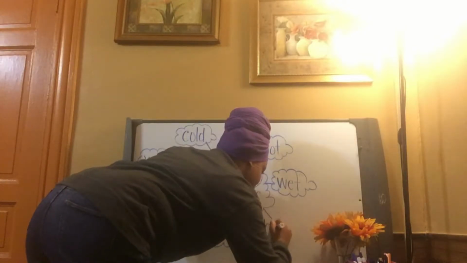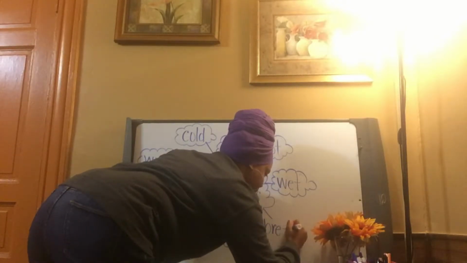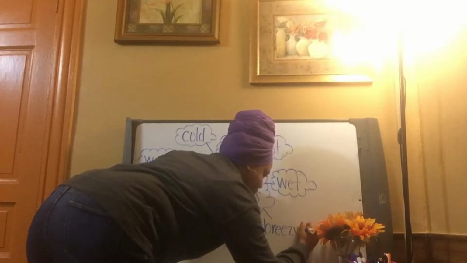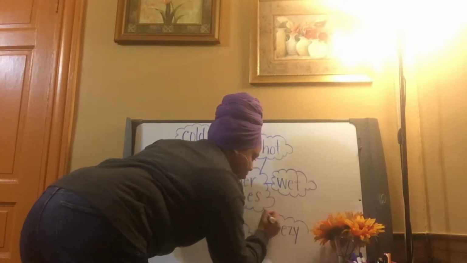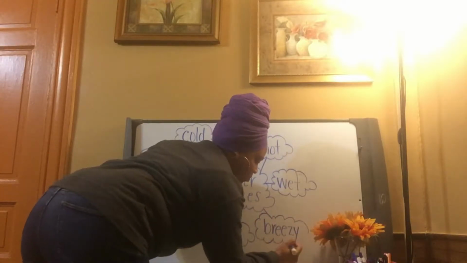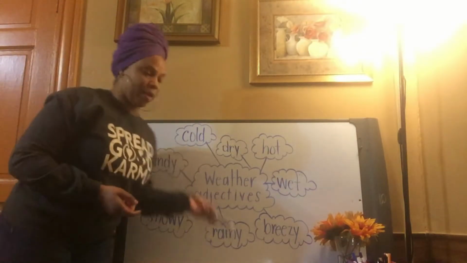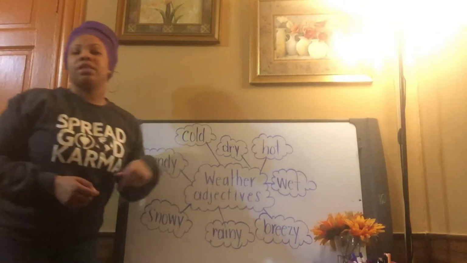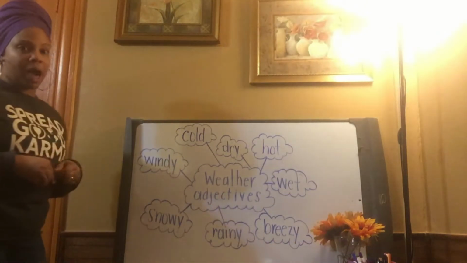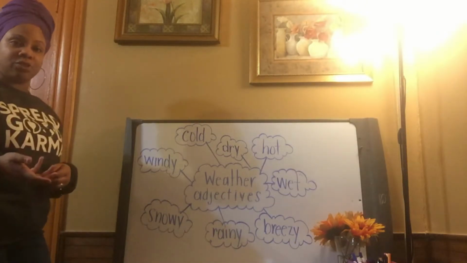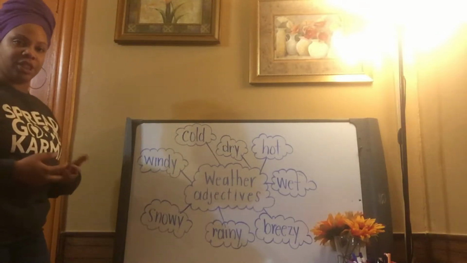Breezy is a great way to describe the weather. Okay, scholars, so let's review the adjectives that we added to our web chart. Let's read them together, and then if you're not finished copying down your web chart, make sure that you get these notes into your composition book.